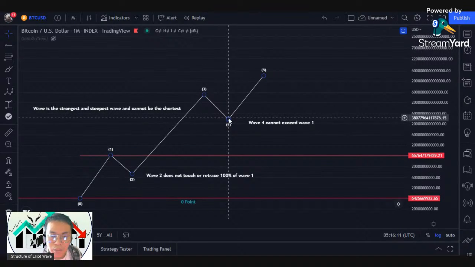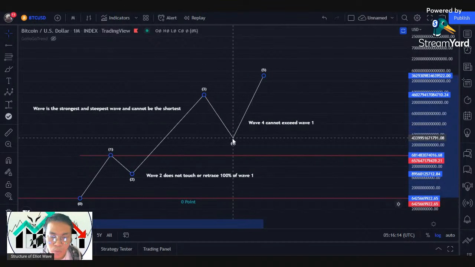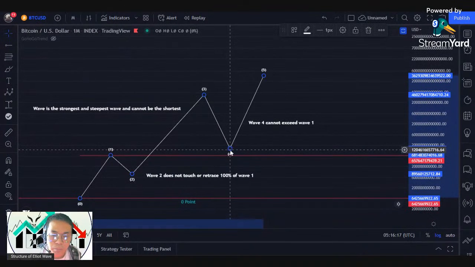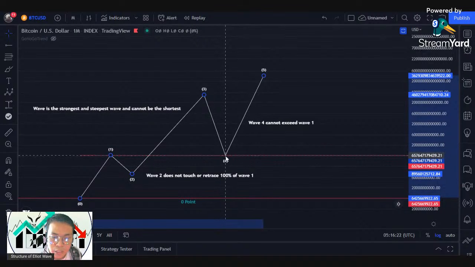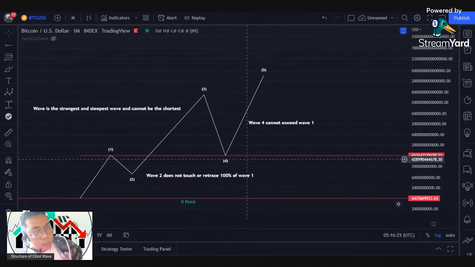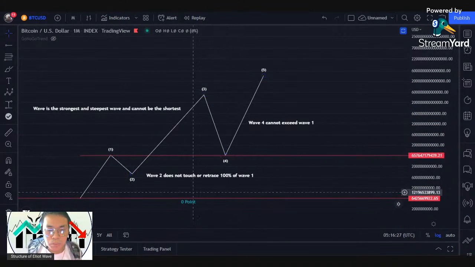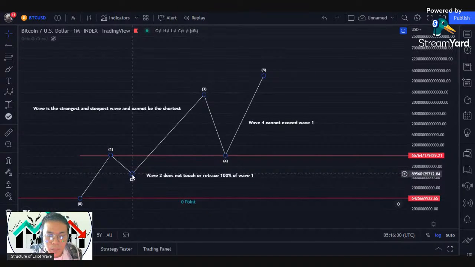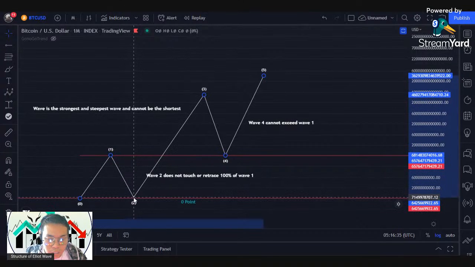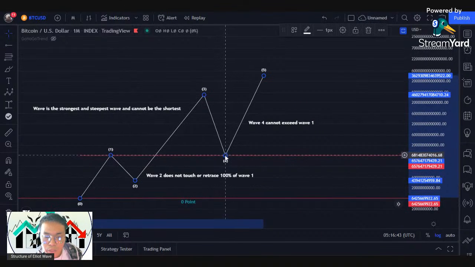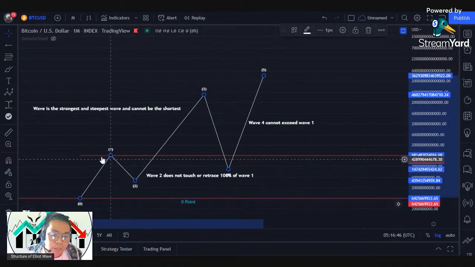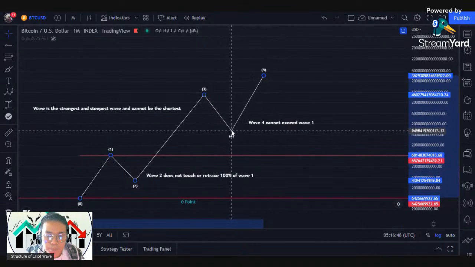Now we are expecting wave 4. Wave 4 can go lower than this, but it cannot exceed it. Touching is acceptable. This is the difference between wave 4 and wave 2. Wave 2 cannot touch, because that is already considered 100% retraced, but wave 4 can touch but cannot exceed the price territory of wave 1.